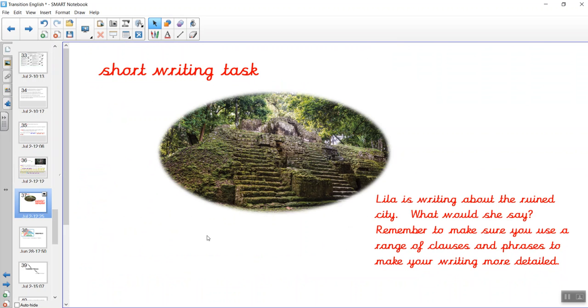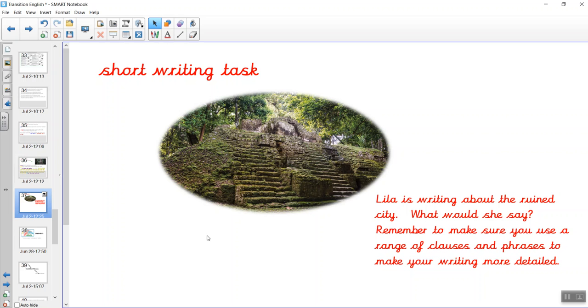Okay, so you've got one last task to do today, and that's to help you to remember how to recognise clauses and phrases. You've got a short writing task. It says, Lila is writing about the ruined city. What would she say? Remember to make sure you use a range of clauses and phrases to make your writing more detailed.